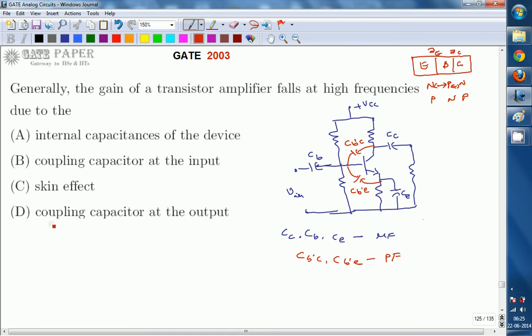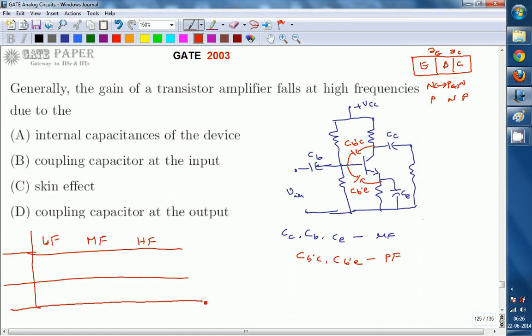So we can define the analysis at low frequencies, at mid frequencies and at high frequencies. What is the effect of these capacitances at these frequencies? For the analysis, we consider microfarad capacitors and picofarad capacitors.